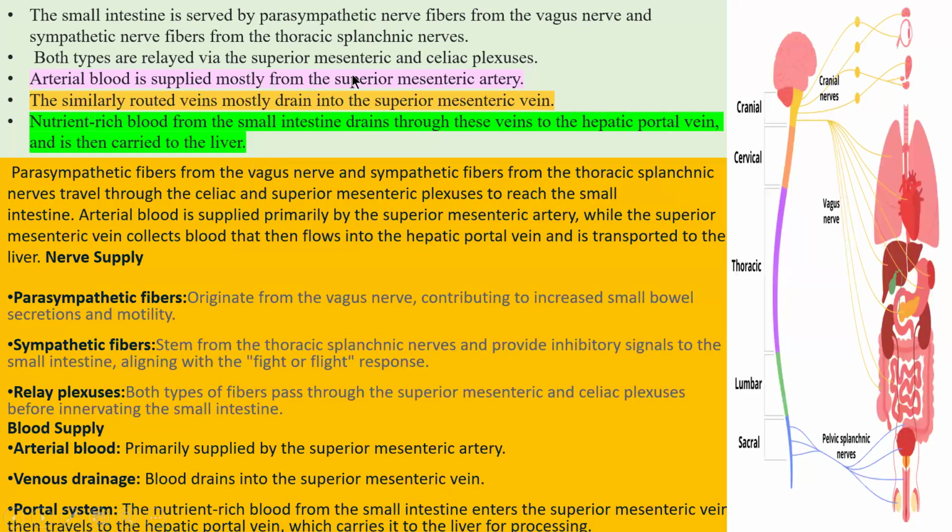So, small intestine. Now, about the neural connection of the small intestine.